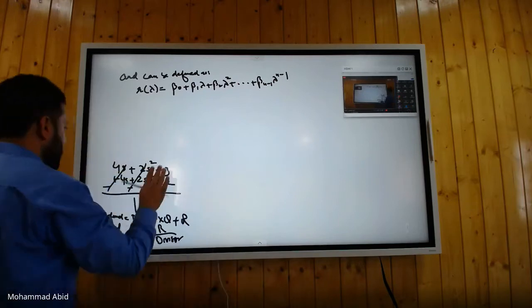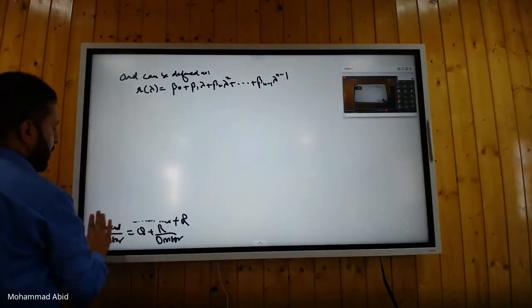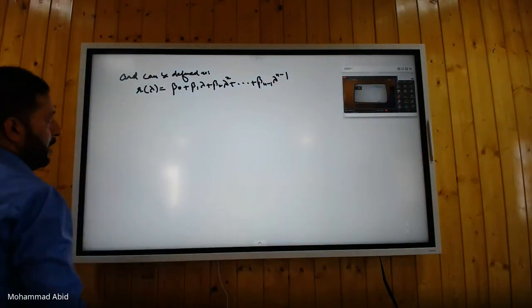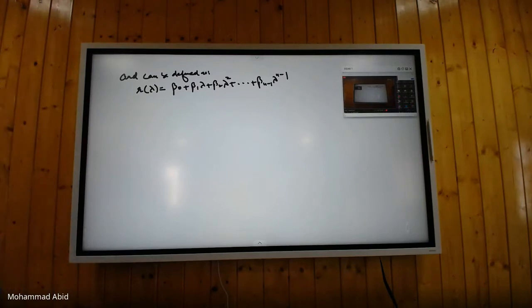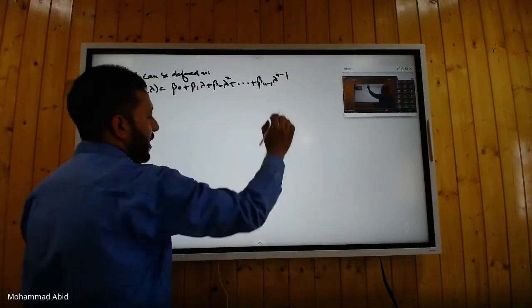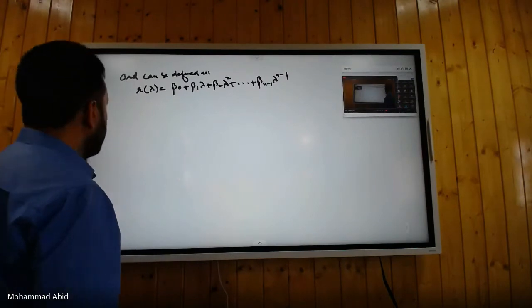Are you getting me? So this remainder polynomial can be defined like this because it is a polynomial having degree at the most equal to n minus 1. तो इसका general form यही होगा. Even if it is less than n minus 1, then those particular terms will not be there. Is that okay?